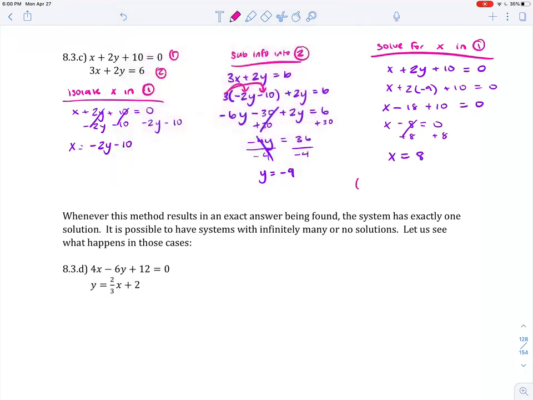And if I move that 8 over to the other side, I get x is equal to 8. My final solution is a point, x comma y. In this case, x is 8, y is negative 9. And that is my solution.